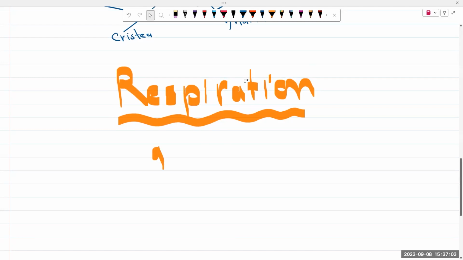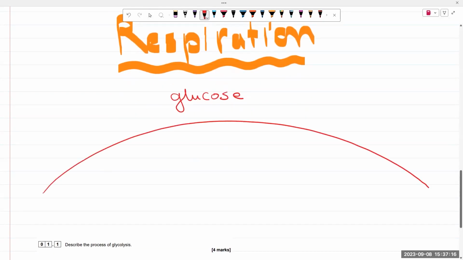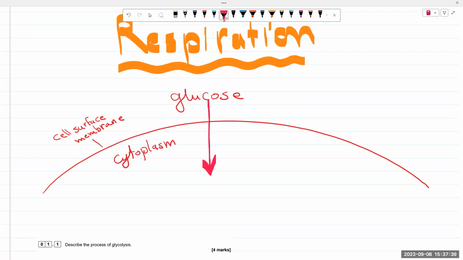So now the glucose is here, and this is the cell surface membrane of the cell, and this is the cytoplasm. The glucose will enter the cell. So now the glucose is found where? The cytoplasm. How will the reaction start?